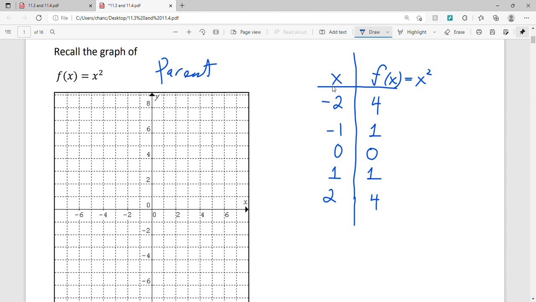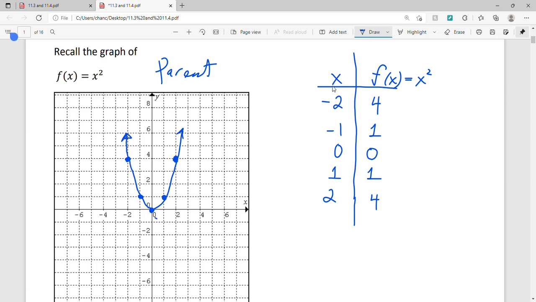So this is going to give us the general shape of the parent graph. -2, 4 is a point here. -1, 1. 0, 0. 1, 1. And we have 2, 4. This is the general shape of our parent graph.